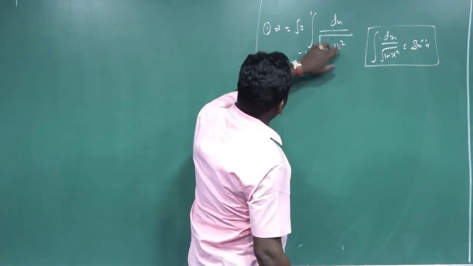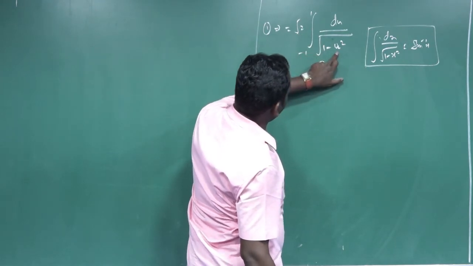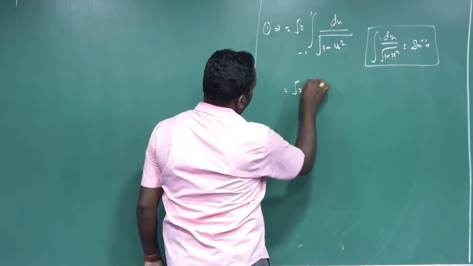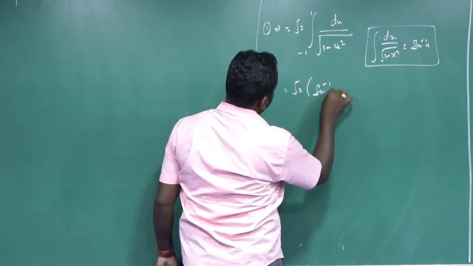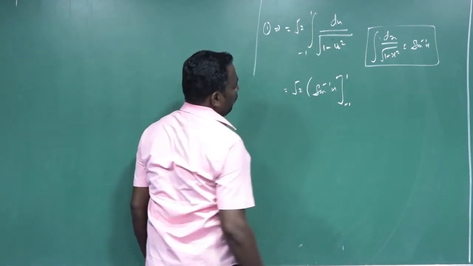Therefore instead of x we have u: integral of du by square root of 1 minus u squared is sin inverse of u. So root 2 outside, into sin inverse of u, with limits minus 1 and plus 1.